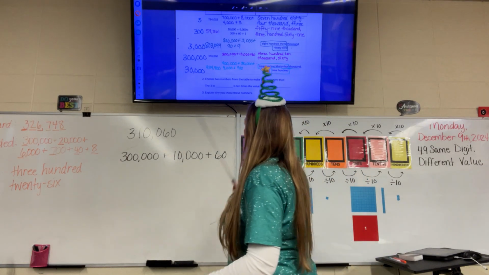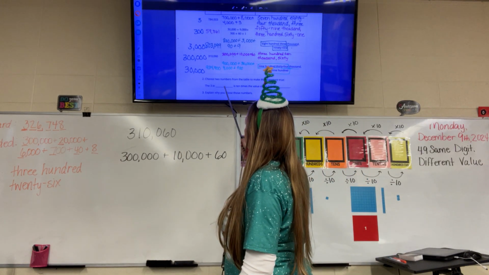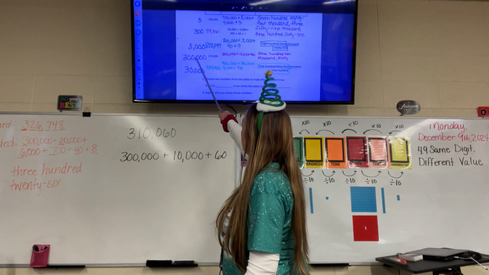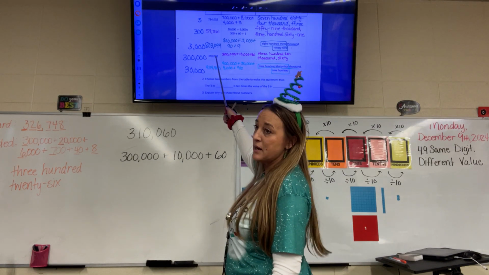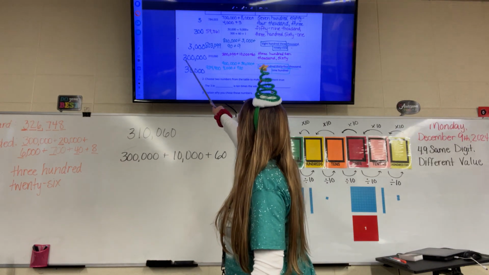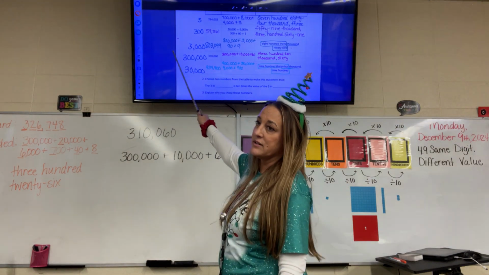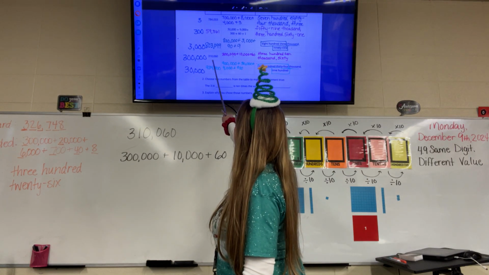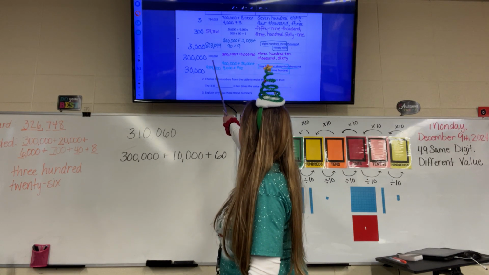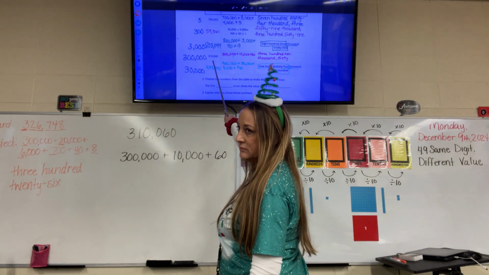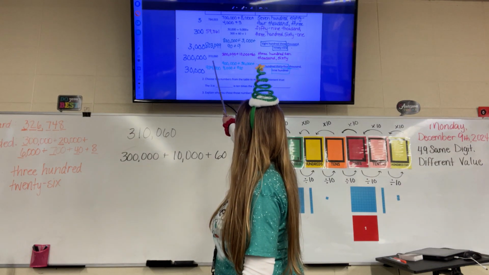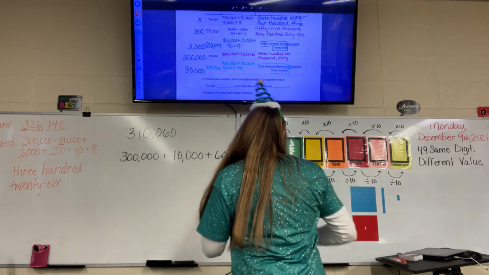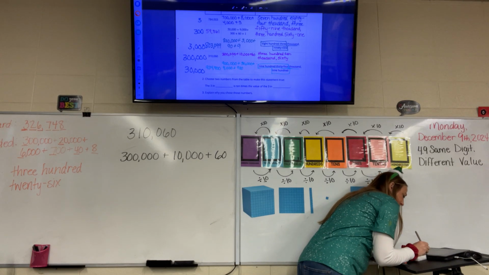So Jackson, what do you want to put here? 300. So we're going to use this number here, the 3 that's worth 300,000. So what is it? 310,060.